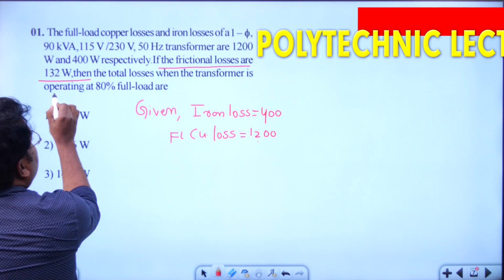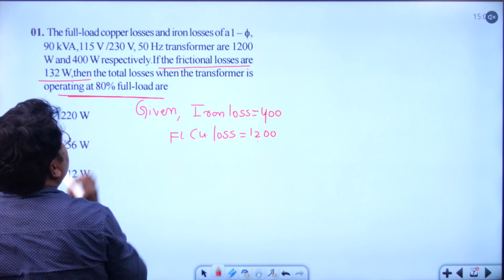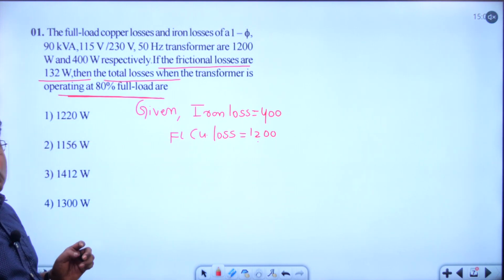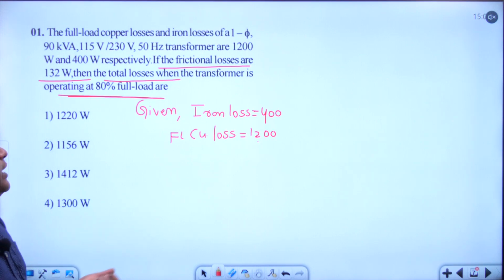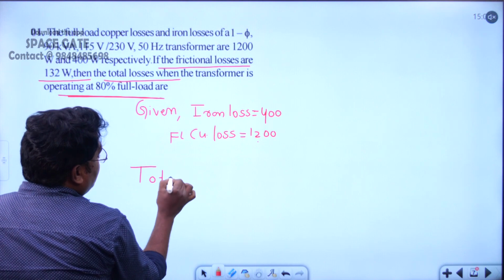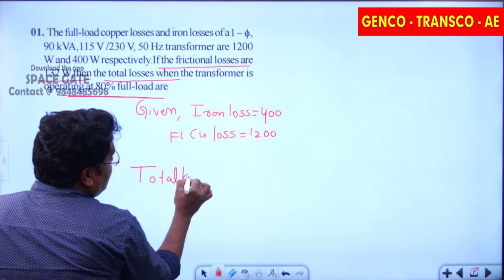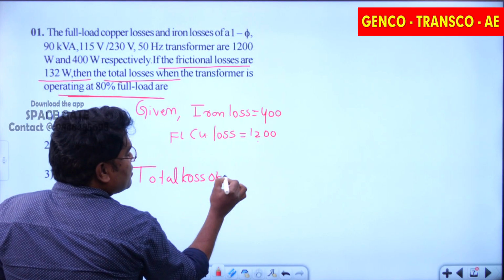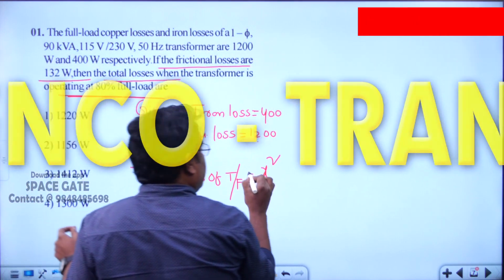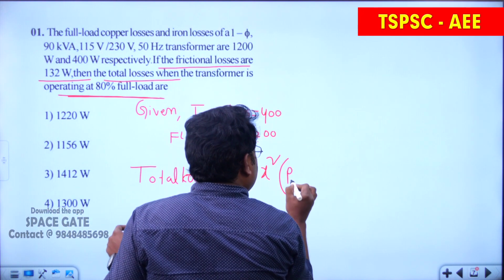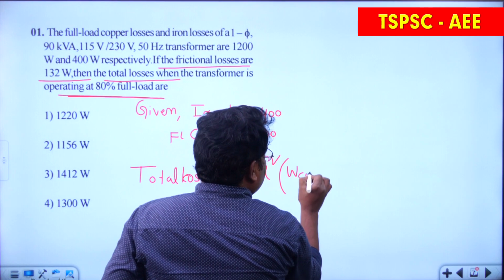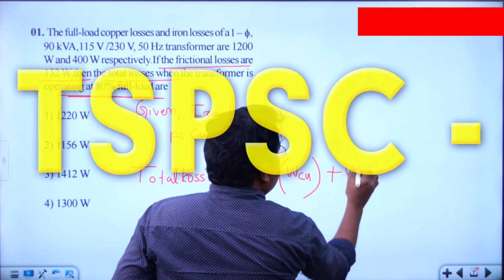Now, 80% of the full load. We need to find the total losses of the transformer at 80% of the full load. So the total loss of the transformer is equal to x square times the full load copper losses, plus the iron losses.